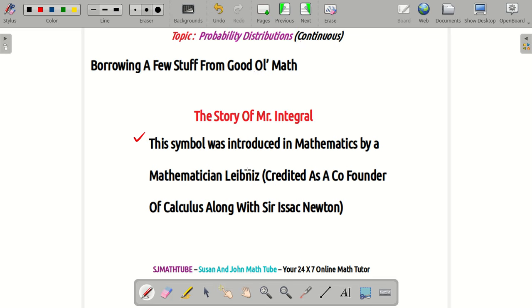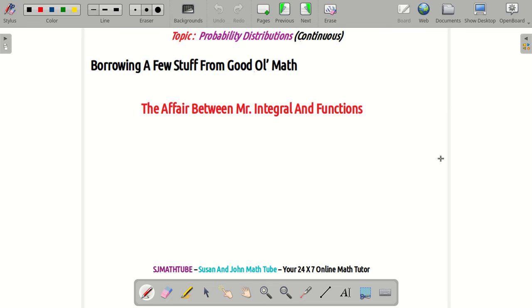Just a small note, if you are interested you can read, it was the great mathematician Leibniz who introduced some beautiful notations in mathematics like d by dx, the integral symbol, etc. Anyway, let's move ahead and check out the affair between Mr. Integral and functions.